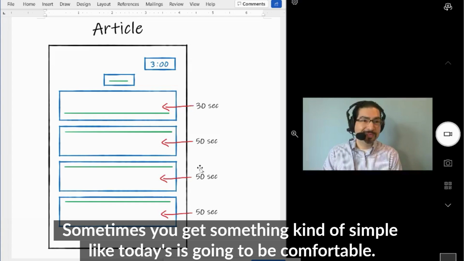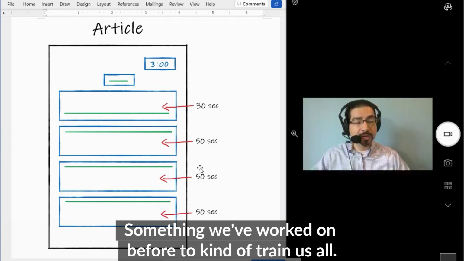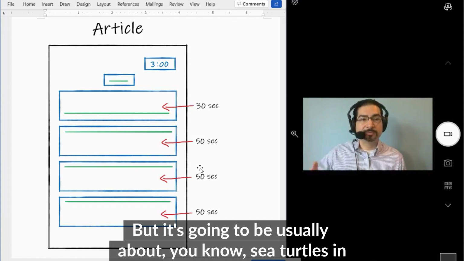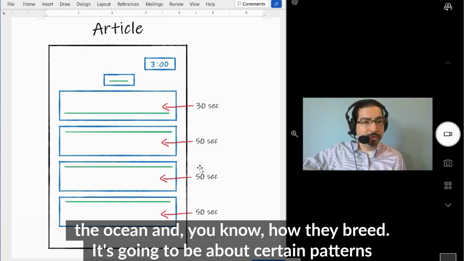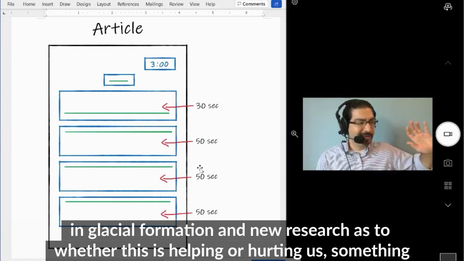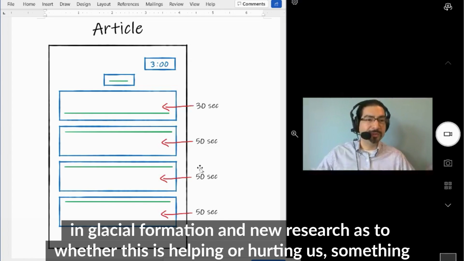Sometimes you get something kind of simple, like today's, which is going to be comfortable, something we worked on before to train us all. But it's usually going to be about sea turtles in the ocean and how they breed. It's going to be about certain patterns in glacial formation and new research as to whether this is helping or hurting us.